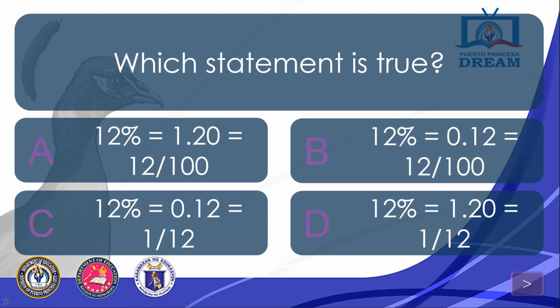Number 2. Which statement is true? A. 12% is equal to 1.20 is equal to 12/100. B. 12% is equal to 0.12 is equal to 12/100. C. 12% is equal to 0.12 is equal to 1/12.